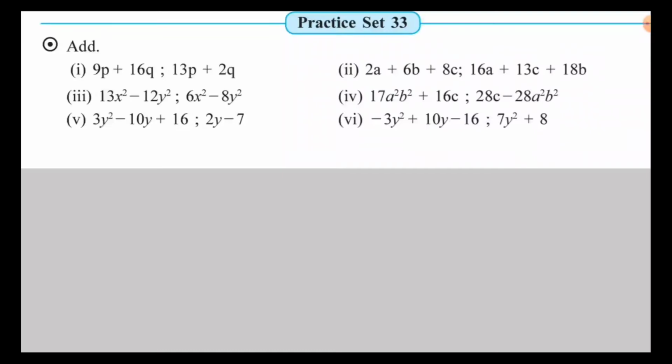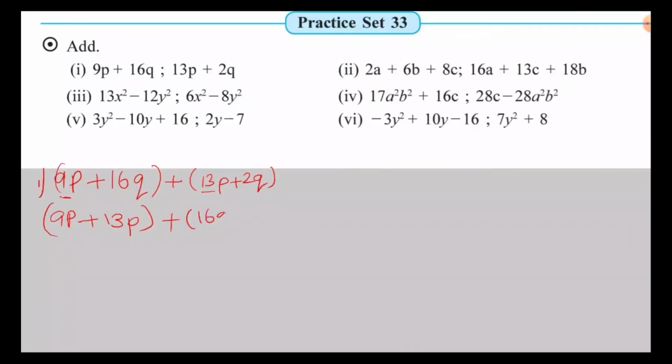Let's do the first sum, that is 9p plus 16q, in brackets, plus 13p plus 2q. This is our question. Now we have to write the like terms together. 9p is like 13p. So 9p plus 13p plus 16q plus 2q.